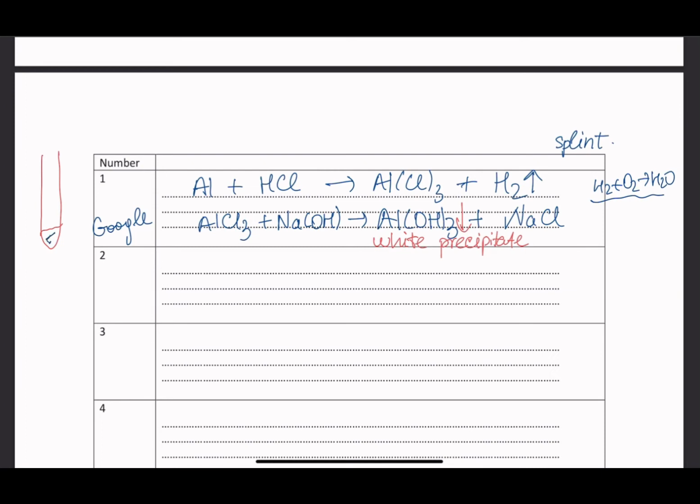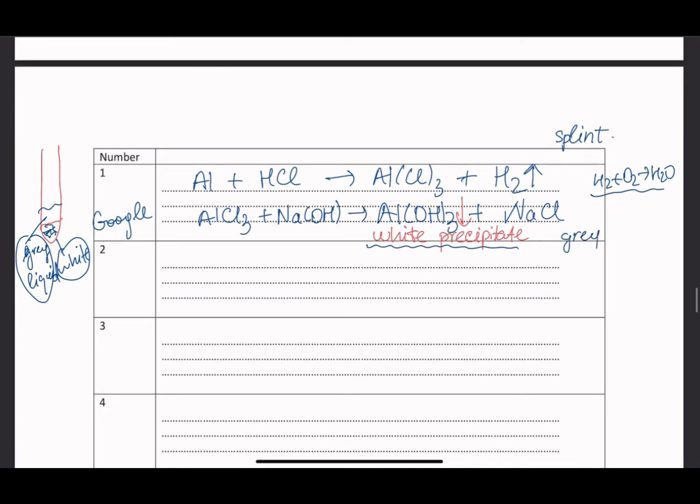A whitish stuff, a white precipitate came out, but over there we still had some liquid, like gray liquid. You guys need to discuss what that gray liquid is and why it's not all white. I'm going to give you a hint. The reason we had a white precipitate inside a gray liquid is because of the aluminum.